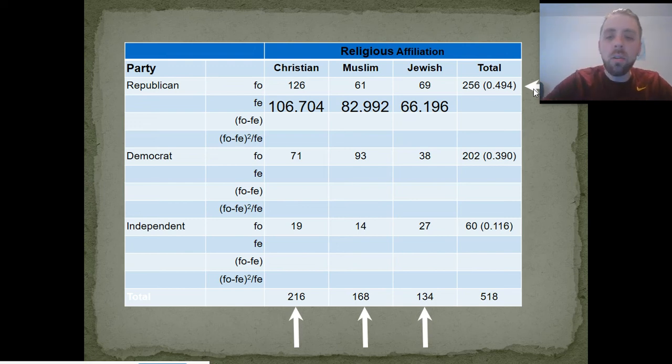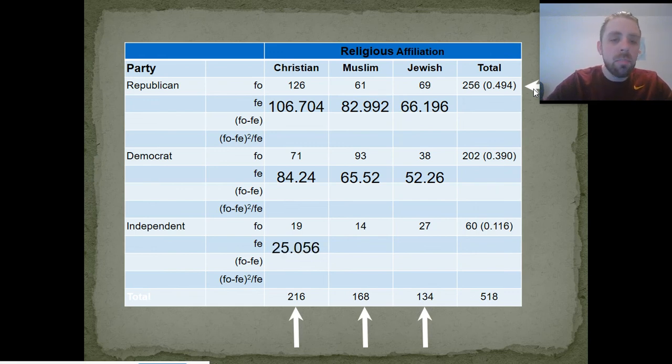All right, so here's what I got. My frequency expected for Democrat Christians is 84.24. My frequency expected for Democrat Muslims is 65.52. And my frequency expected for Democrat Jews is 52.26. Moving on to my independents, no problem.